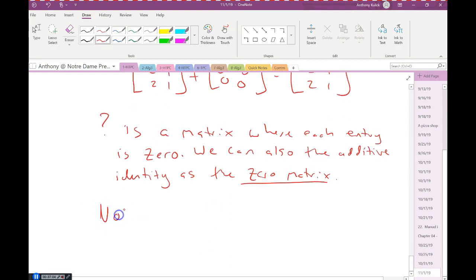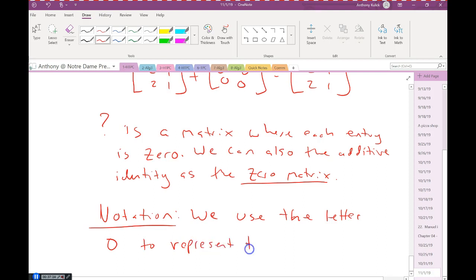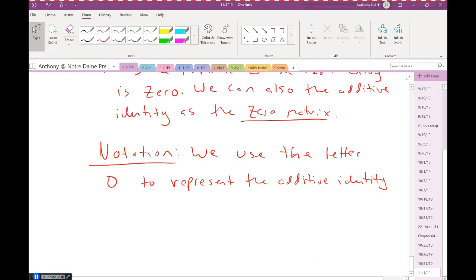A little bit of notation here on the side. We're going to use the letter O to represent the additive identity. So if I have a matrix A plus that matrix O, I should get that matrix A back again.